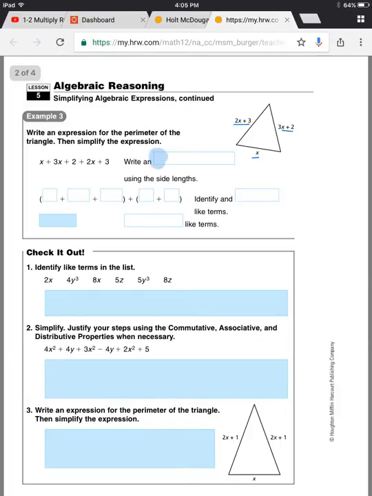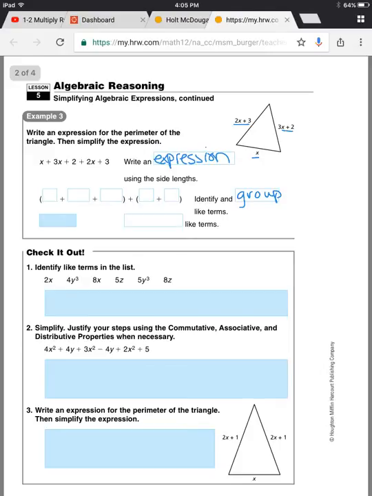Oops, what just happened? Oh, I'm using the wrong thing. Sometimes that happens. It's summer. Write an expression using the side lengths. Then we are going to identify and group like terms.